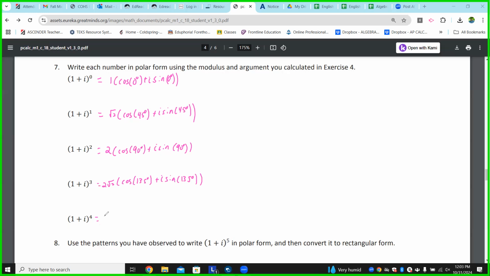And then 4 was the last one? All right, so there we go.